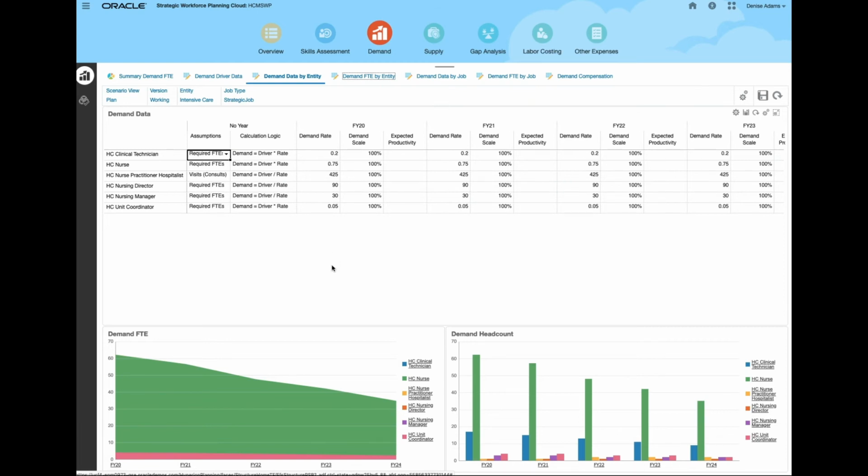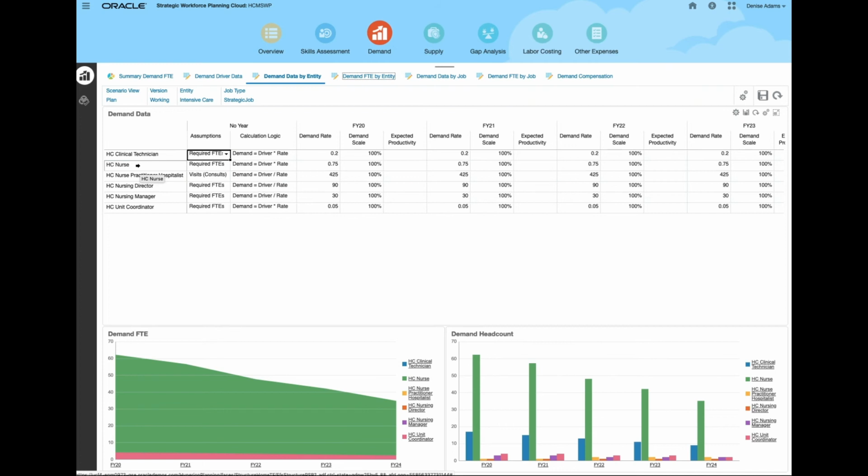So it's quite common to say, whilst I may just have my nurses here, I may have a number of grades of nurse, and it might be that a higher graded, more experienced nurse has a different demand scale to a newly qualified nurse. So in fact, if I have more highly qualified nurses, I probably have a decrease in the demand amount that I have to have.